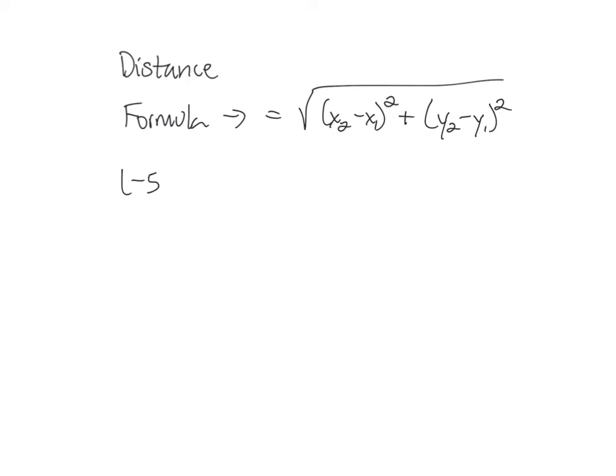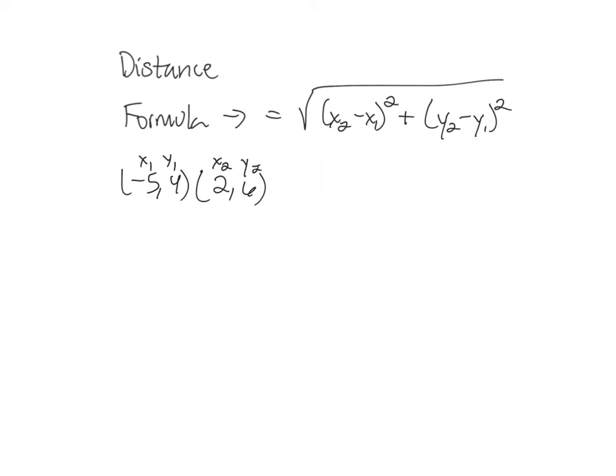If I had negative 5, comma 4, and I had 2, comma 6. So this would be x1, y1, the x part of the first point, y part of the first point, x2, y2. Plug them in and work it out. And if you do that, that's totally fine.